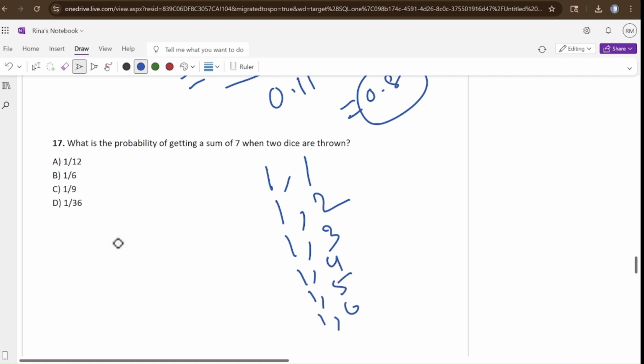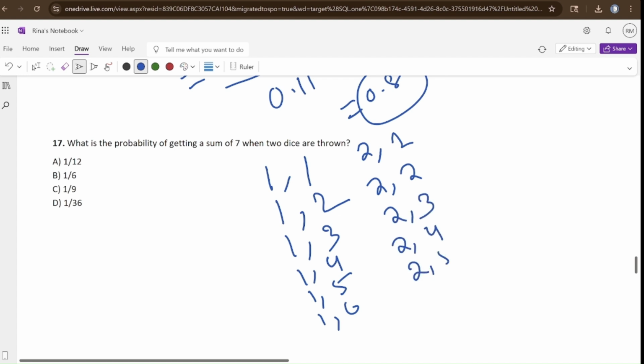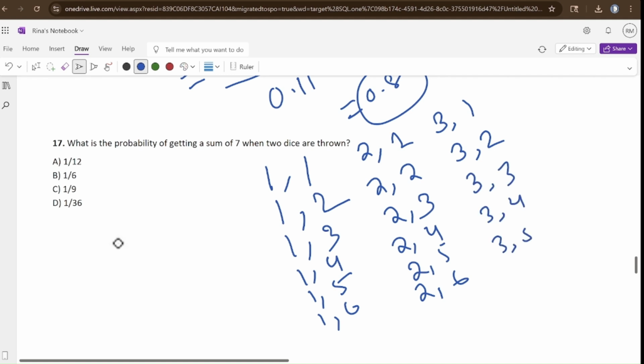Right? First time. Now second dice 2, first dice 1. 2, 2, 2, 3, 2, 4, 2, 5, 2, 6. Or it may be 3, 1, 3, 2, 3, 3, 3, 4, 3, 5, 3, 6.